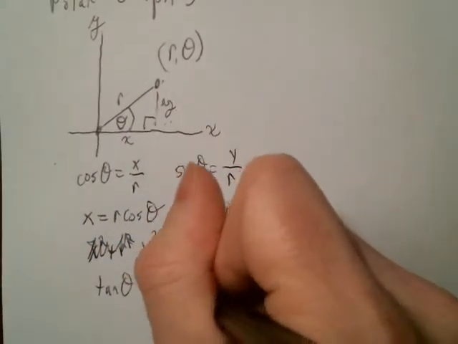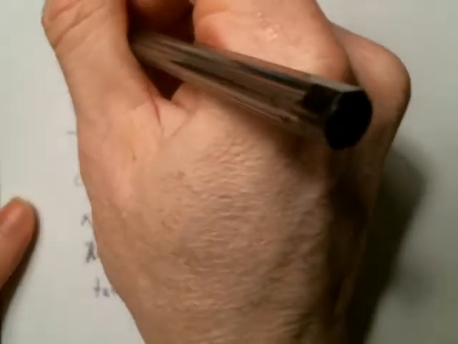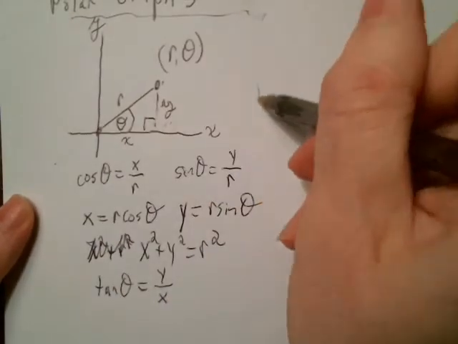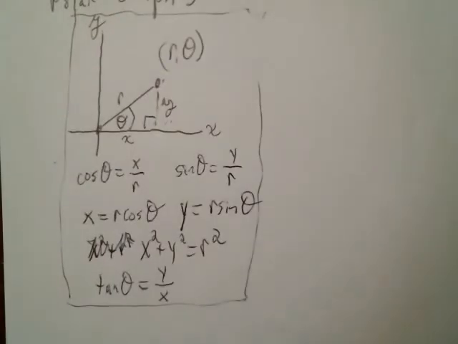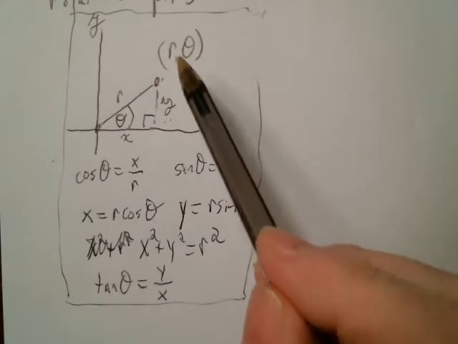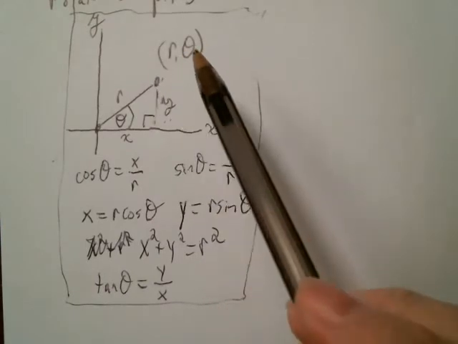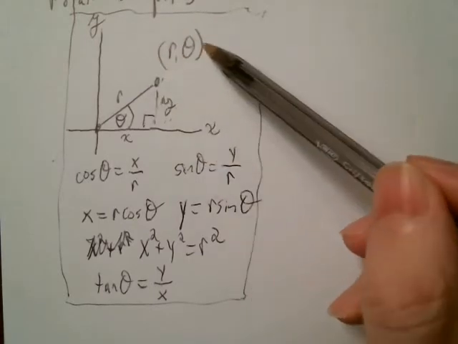So that's equal to y over x. Okay, so I hope you remember this. I have it all memorized, and if I need to use it, I can just populate it from this picture here. Sometimes I forget is it theta r or r theta. Usually it's not an issue though. It's r then theta. Okay.